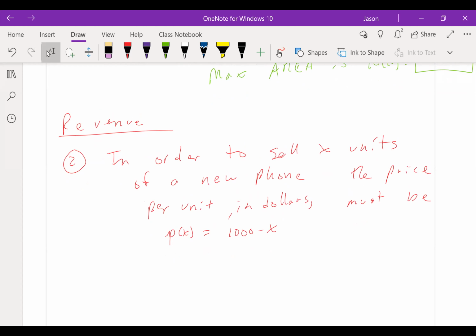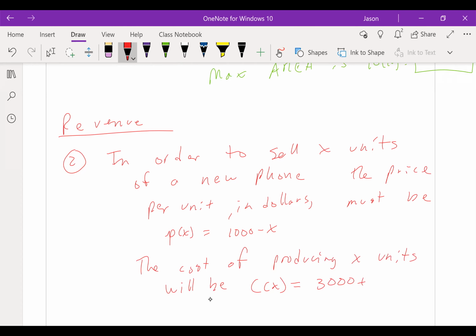The cost of producing X units will be, C of X is equal to 3,000 plus 20X.